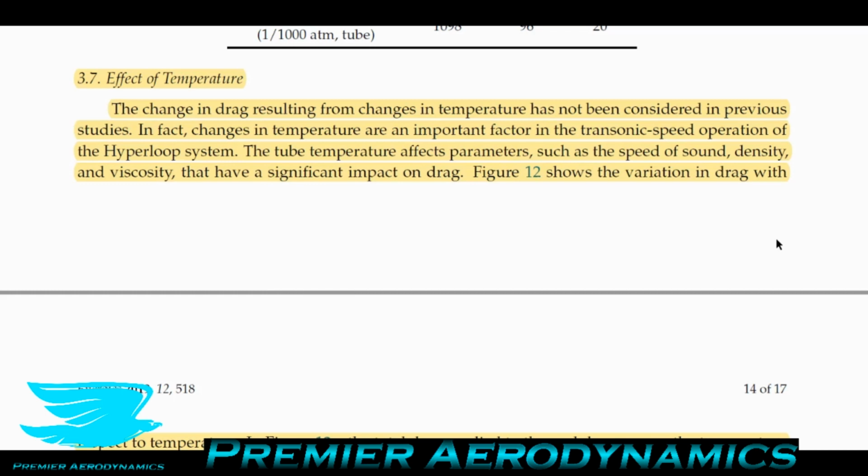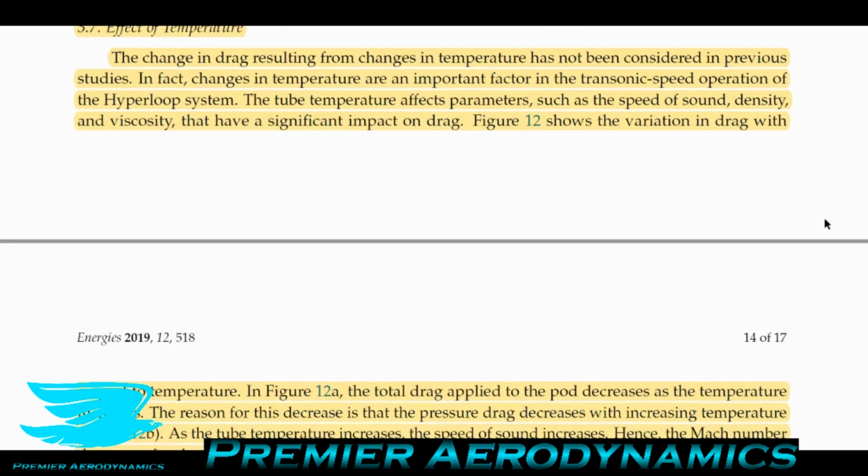Well, the reason is because the temperature affects the Mach number. So in podcast number 72, the first half, we had the equation where the speed of sound equals the square root of gamma R T, where gamma is the specific heat ratio, R is the gas constant, which is 287 for air, and gamma is 1.4 for air, below hypersonic speeds, I should say.